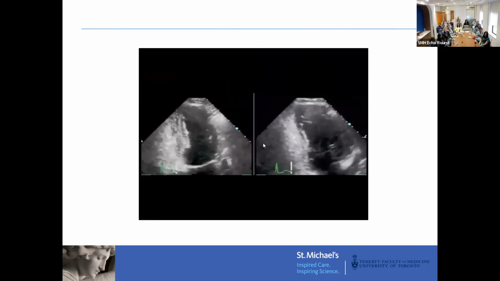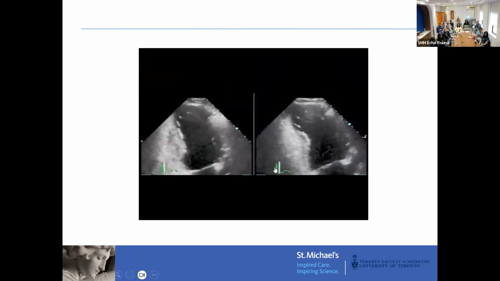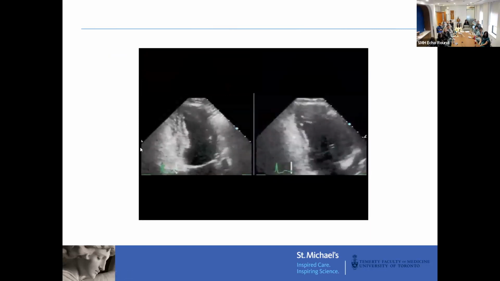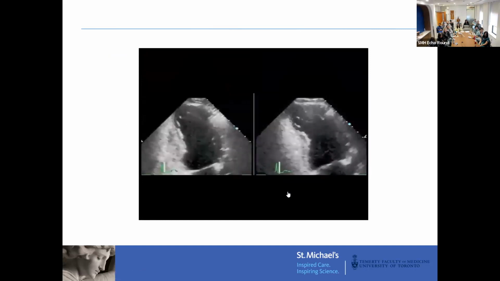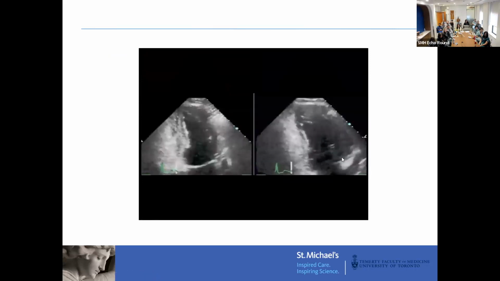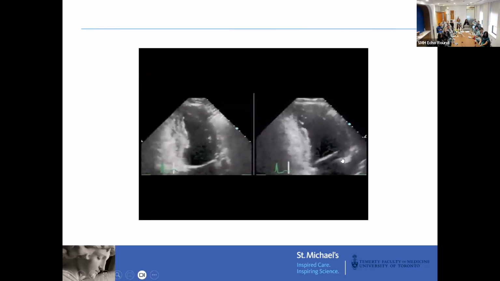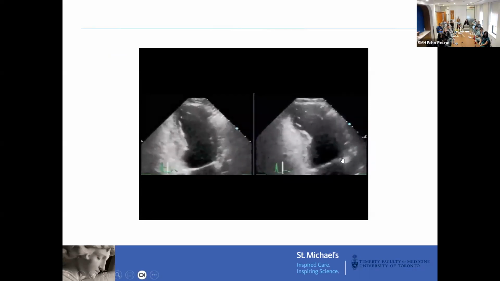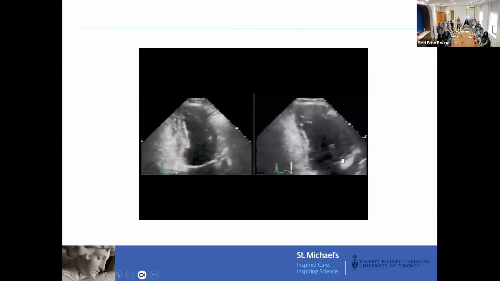So here, this is actually an example of transient ischemic dilatation with stress. If you look at normal here, where this is a patient at baseline, it might be a little bit difficult to appreciate, but the normal response to stress would be a dramatic decrease in cavity size and a lot of hyperkinesis of all the walls.